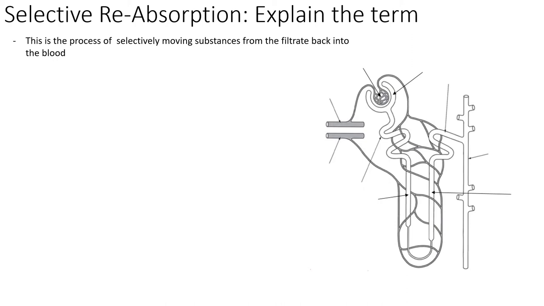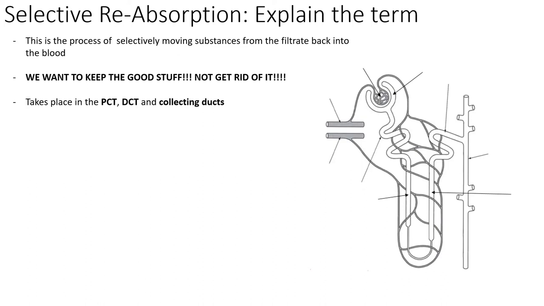So as I've said, selective reabsorption is the process by which we move substances selectively back in from the filtrate back into the blood. We want to keep the good stuff and not get rid of it. Now, it actually takes place along the proximal convoluted tubule, the distal convoluted tubule, and the collecting duct. So it takes place here, here, and all along here.